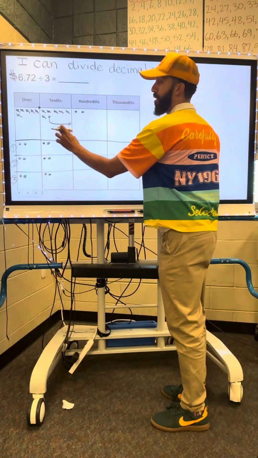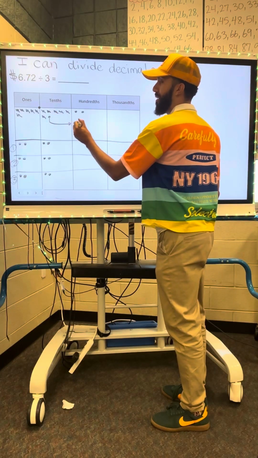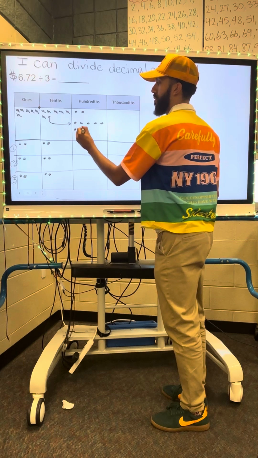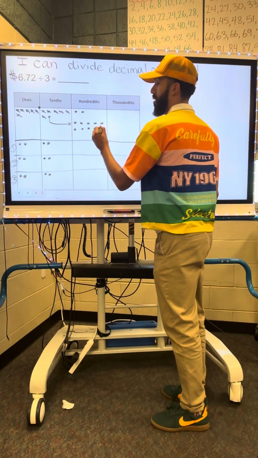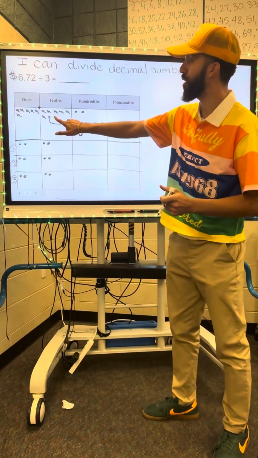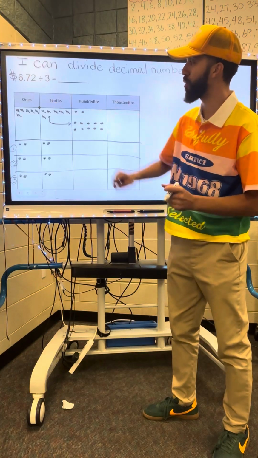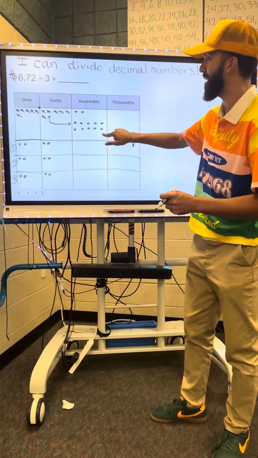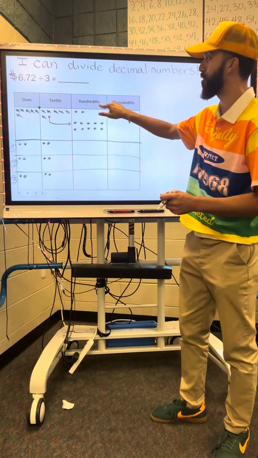When you unbundle, it creates 10. All right, so I took that 1 tenth that was remaining, unbundled it, and now I have 10, 11, 12 hundredths.